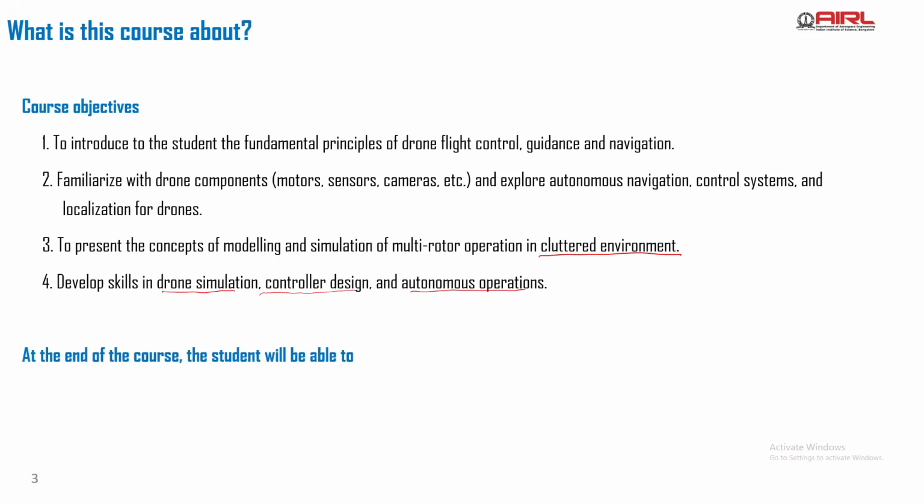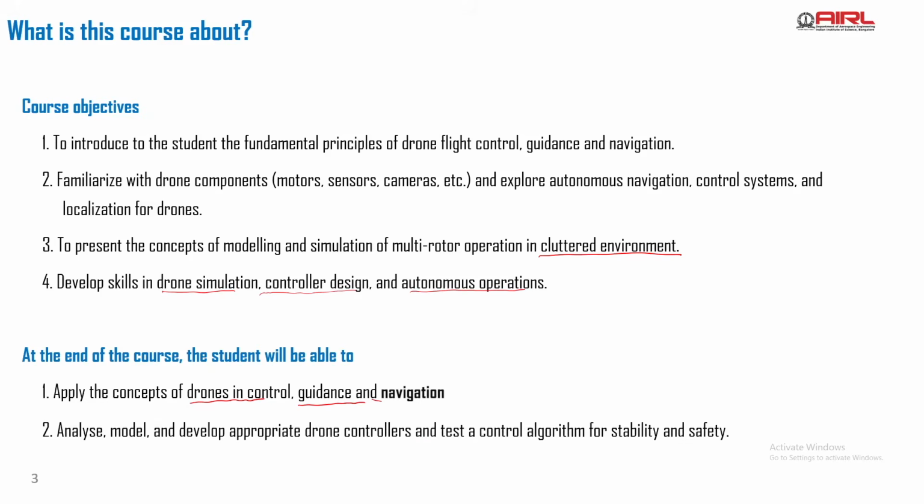At the end of this course, the students will be able to learn the concepts of simulation, control, controller design, and how we put the controller design into real hardware, understanding the guidance and navigation algorithms, so that they can understand how to move the drone from one point to another through the global positioning system, or even operate in a cluttered environment.